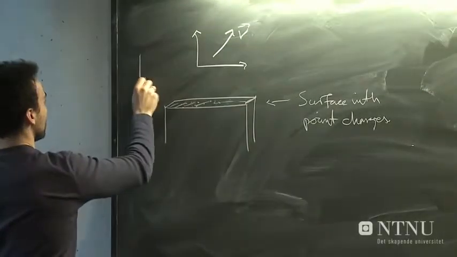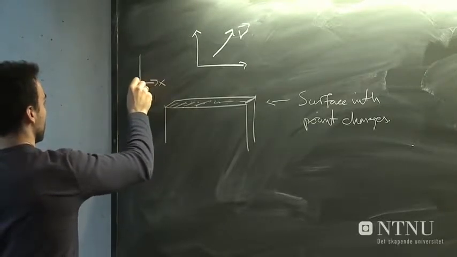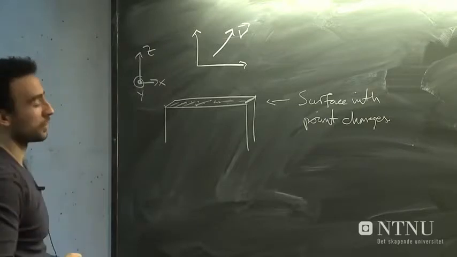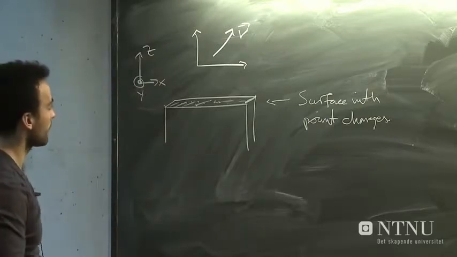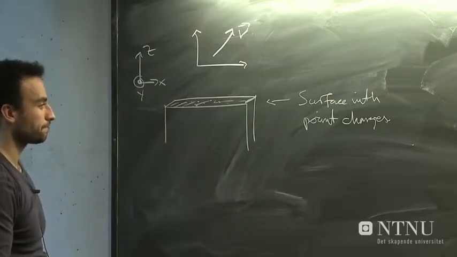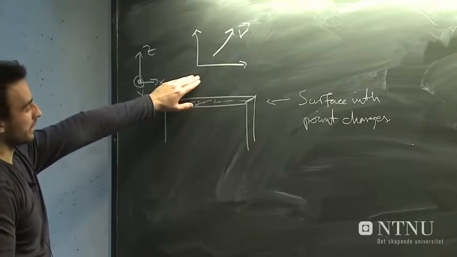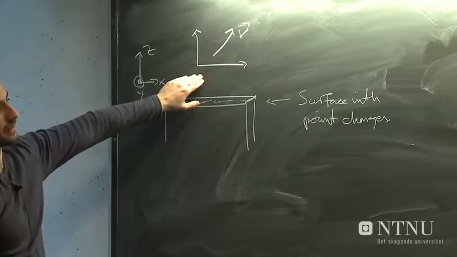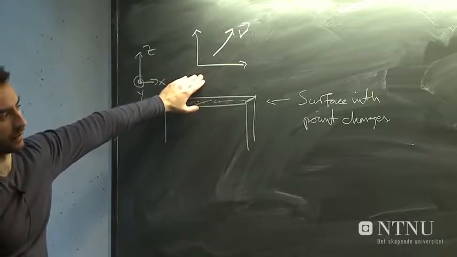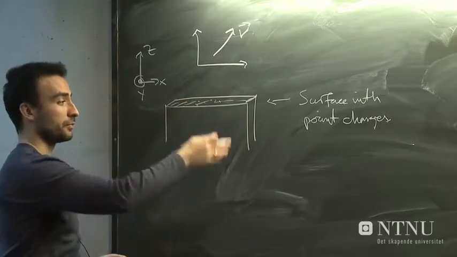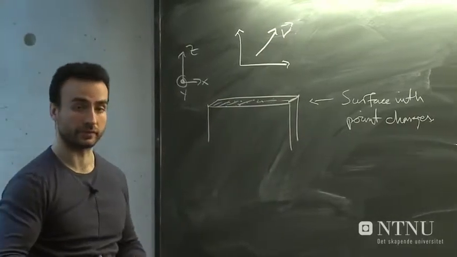So we have a coordinate system like this, for instance. So what we know then is that depending on the direction, the components of the electric field from the surface of point charges should transform differently.